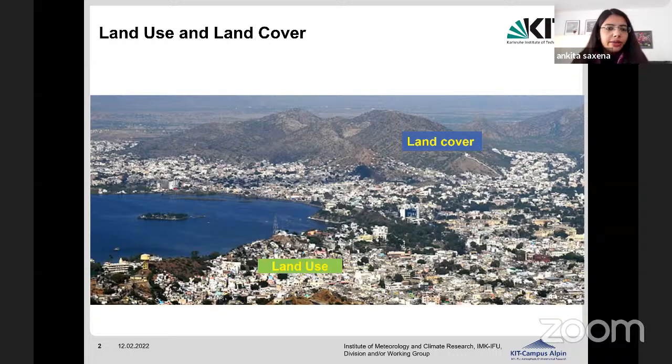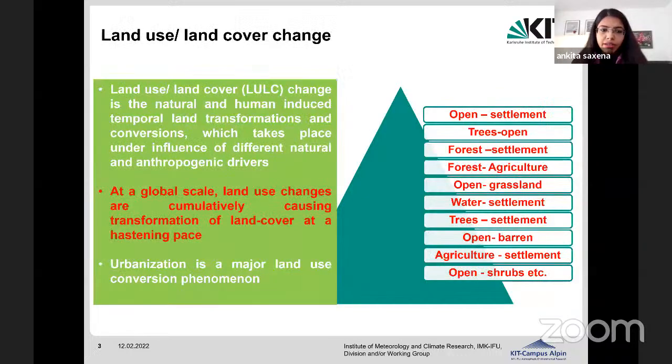And land use land cover change is the conversion of land from one feature into another. For example, open land is sometimes used for constructing settlements, built-up buildings, or creating infrastructure. That is how it is transformed from open available land. By cutting trees, we make land available for other purposes.